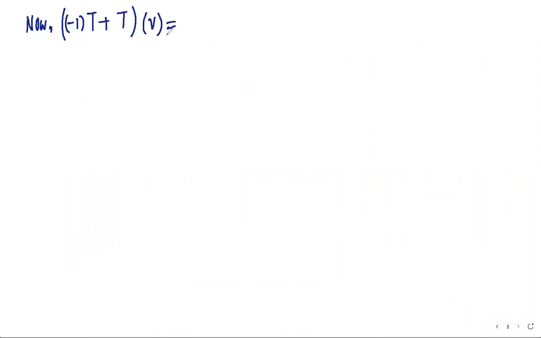Okay, now we will show that when we choose this minus 1 times T, it is again a linear transformation. Then plus T, we will show that this is a zero transformation. Now this is equal to, by definition, minus 1 times T of v plus T of v.